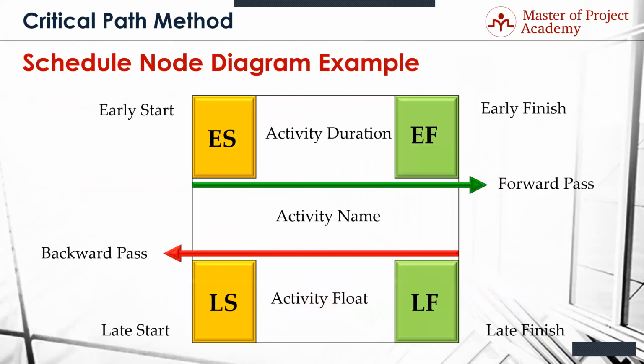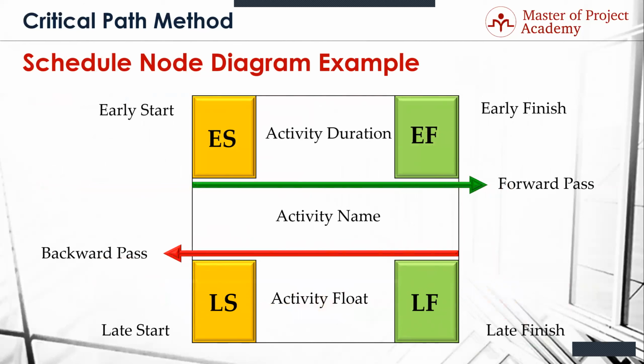Now, in order to do what we're about to do, you need to understand that there are 4 other components that we're going to play with in order to do forward and backward pass. And there's our big picture of that schedule node diagram. And I'll tell you a little story about why I put this up.